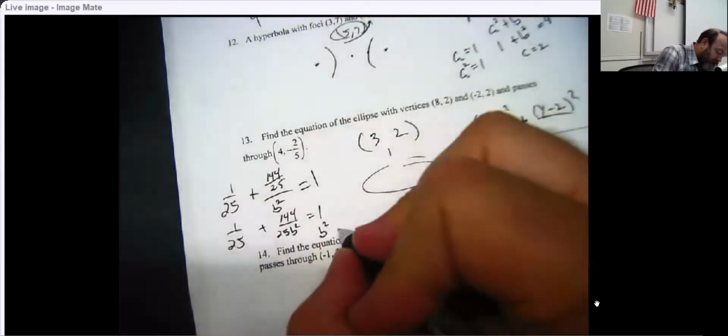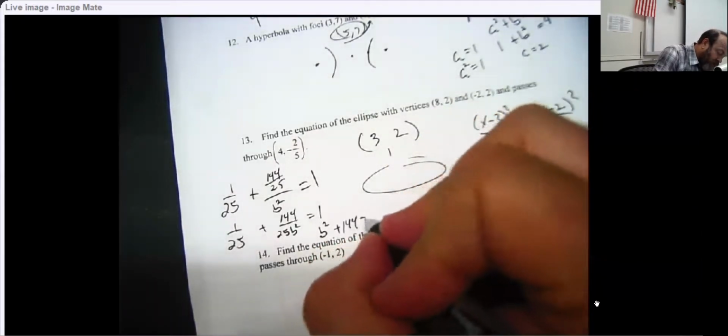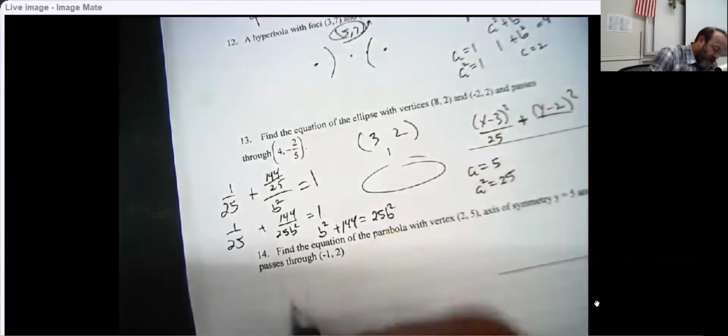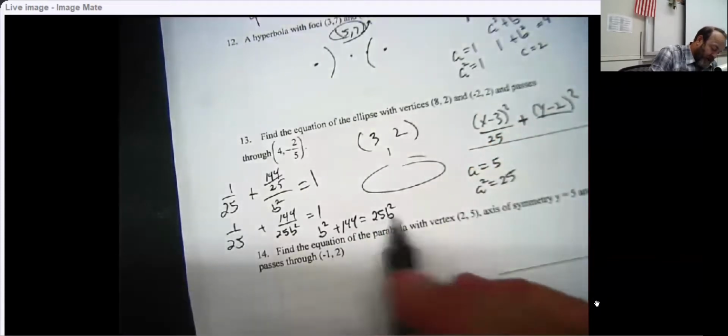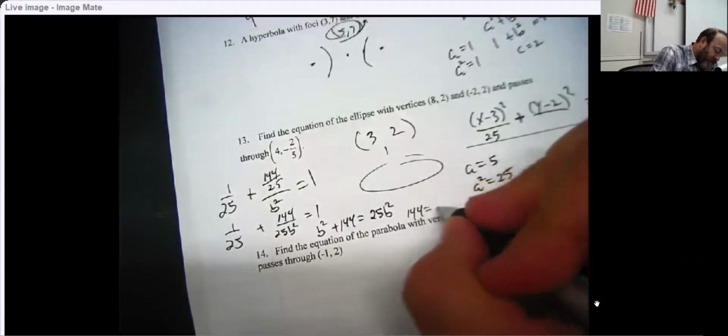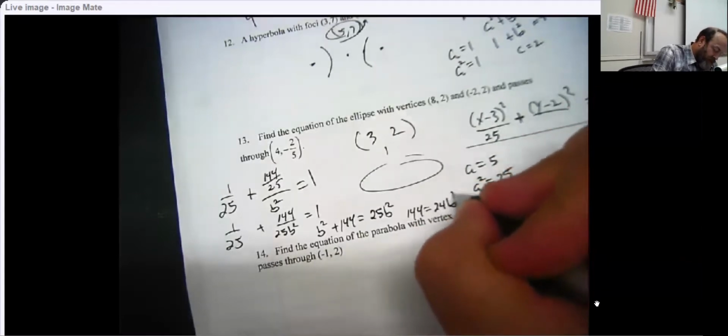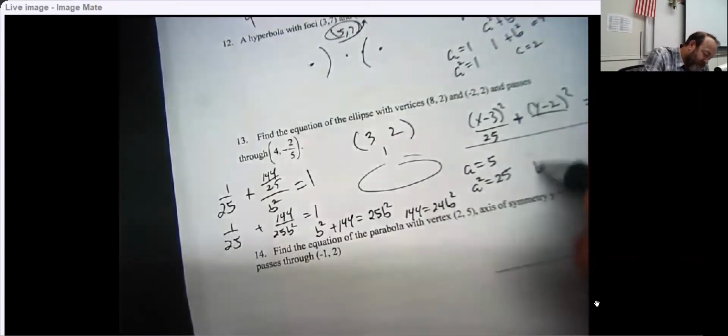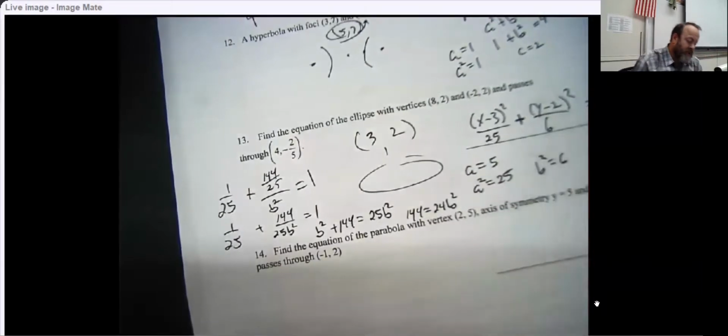Now, if I do, I would get b squared plus 144 is equal to 25b squared. Now, that's actually pretty nice because I can bring that across and say 144 is 24b squared. And if I were to divide both sides by 24, I would find out that b squared is 6. And that is, in fact, all I needed to do.